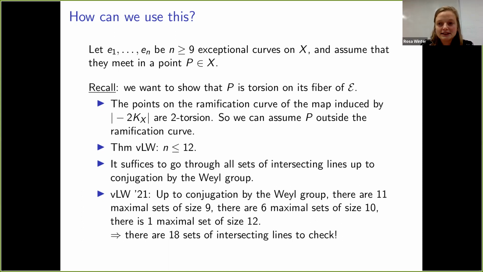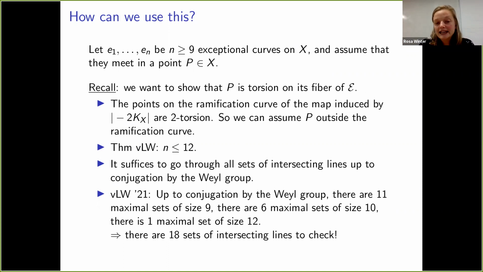So what do I mean by that? By maximal set, I mean in this graph on the 240 exceptional curves, there are only, up to conjugation by the Weyl group, 11 maximal fully connected subgraphs of size 9, and there are 6 maximal fully connected subgraphs, so they all pairwise intersect, of size 10, and there's exactly 1 of size 12.